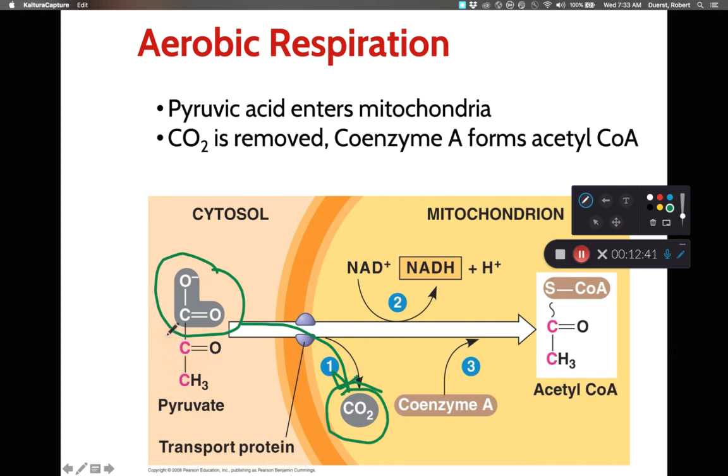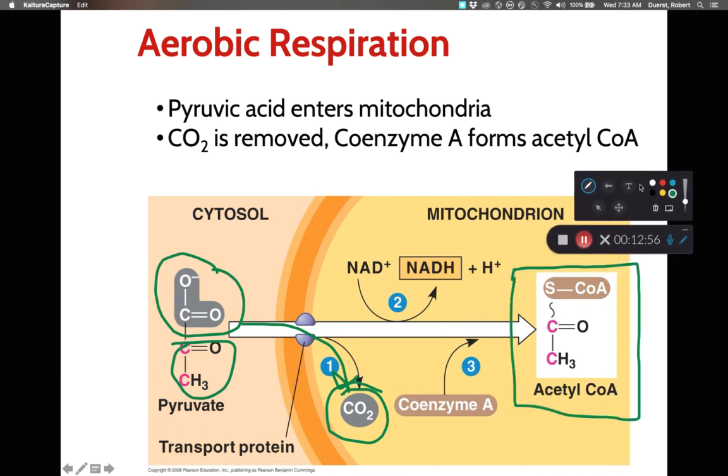And then this leftover segment is going to have a high energy electron stripped off of it, and then bound to coenzyme A to be turned into acetyl-CoA. And this acetyl-CoA is what we are going to be directly dumping into the next phase, which is the citric acid cycle.